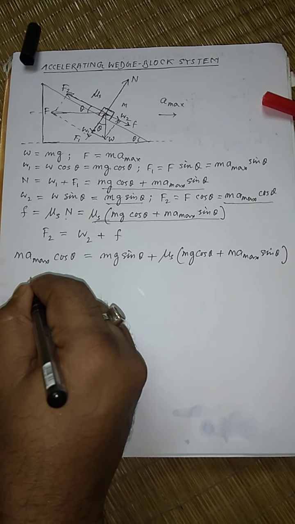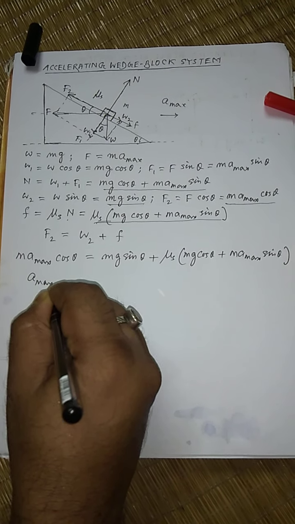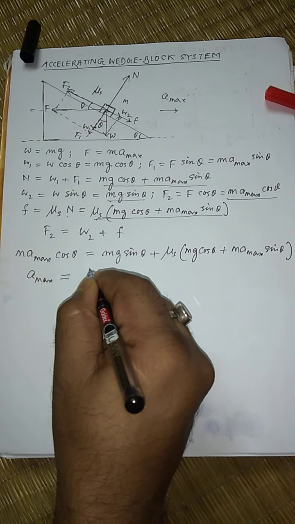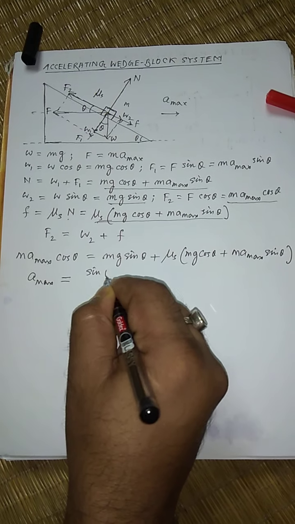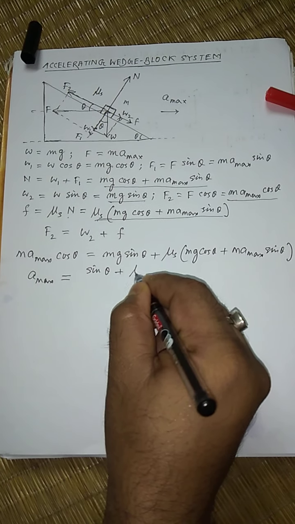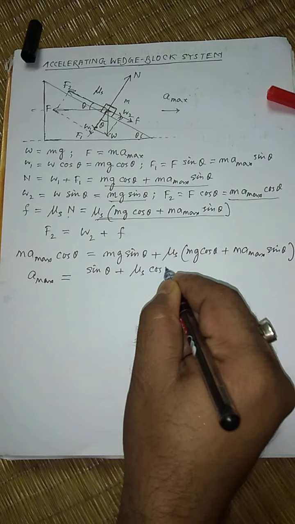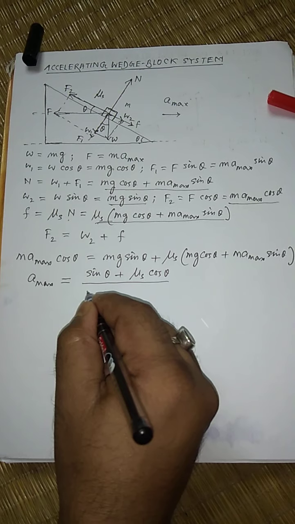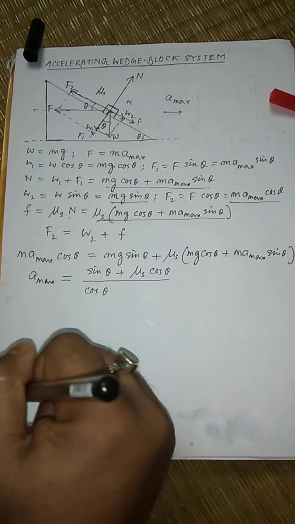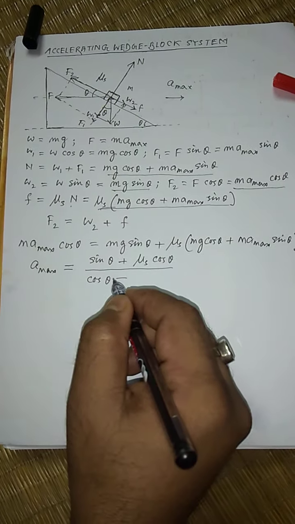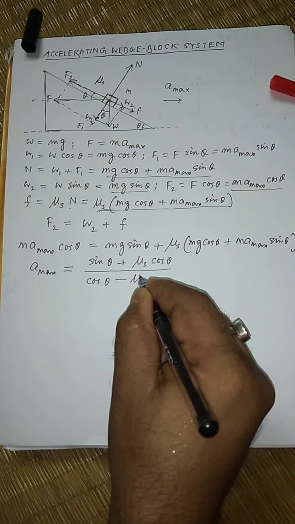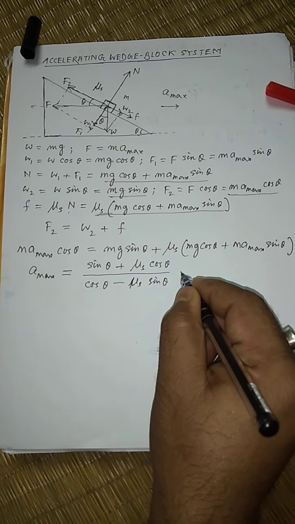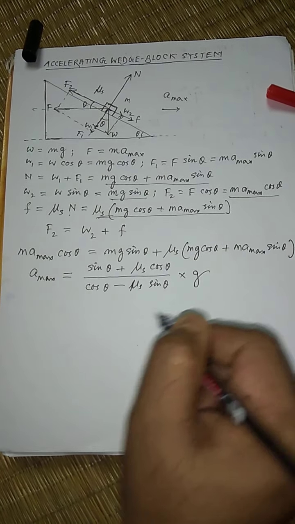And thus A max is equal to sin theta plus mu s cos theta divided by cos theta minus mu s sin theta, multiplied by the acceleration due to the Earth's gravity.